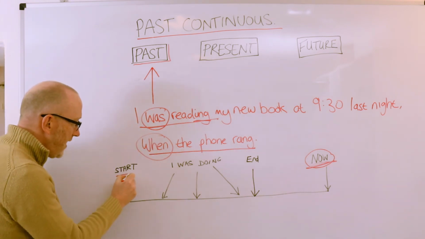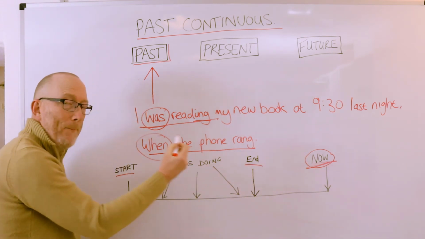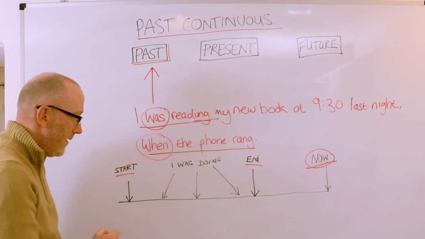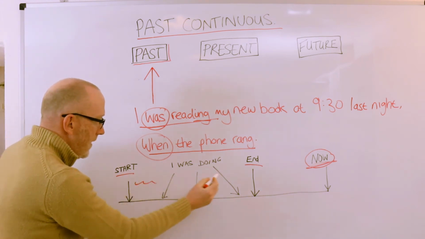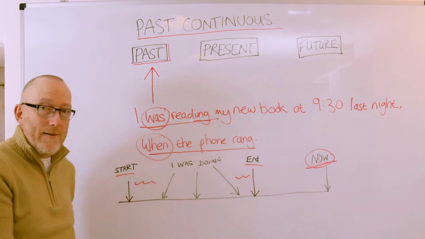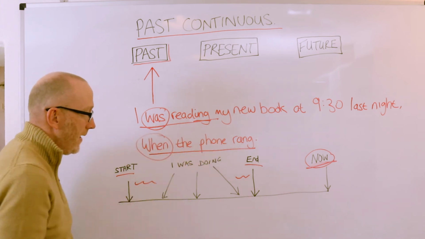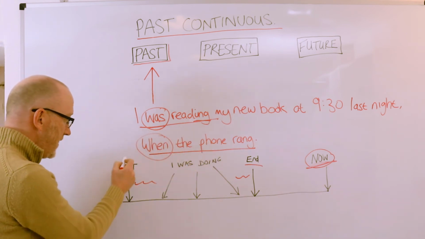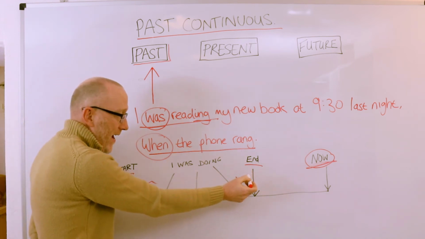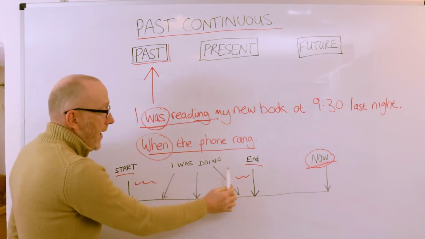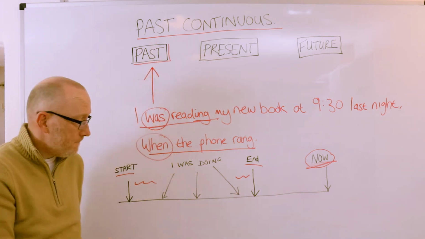So this is the start of an action, this is the end of an action, both happened in the past. And this time in between the start and the end is the continuation of this activity, such as I was reading. Yeah? So the time in between the start of the activity in the past and the end of the activity in the past is described by using the past continuous.